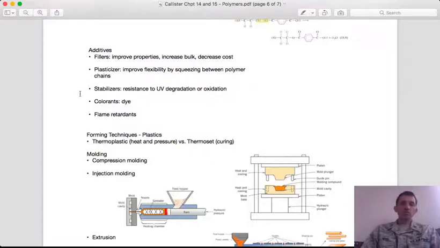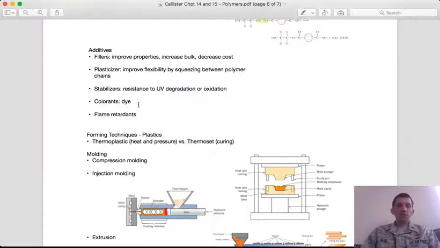So if you put a molecule into the polymer that is there to absorb ultraviolet radiation, then it does so and protects the surrounding polymer matrix. So you don't have, say, yellowing or embrittlement as those UV photons from the sun are breaking down those bonds over time.